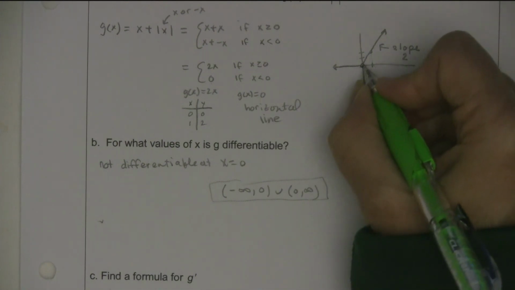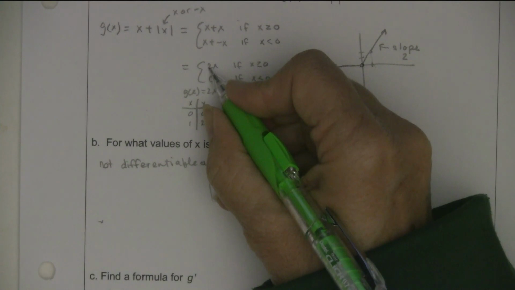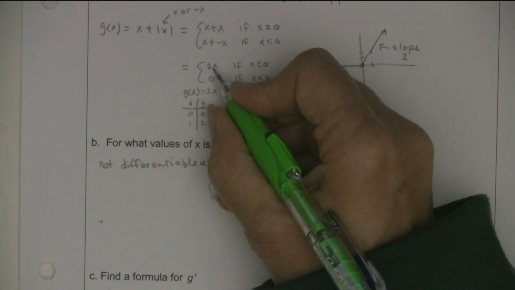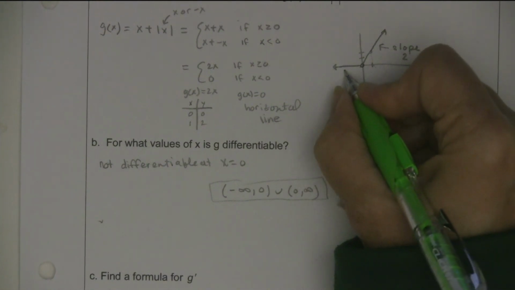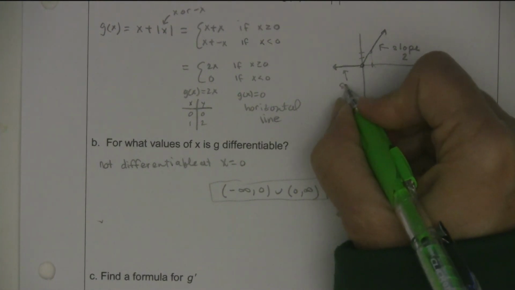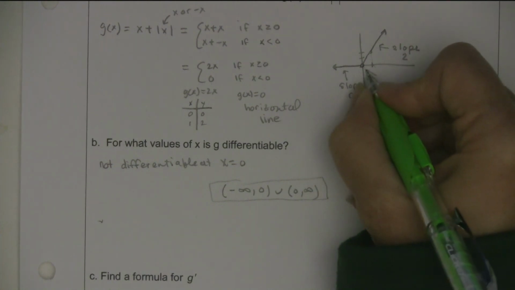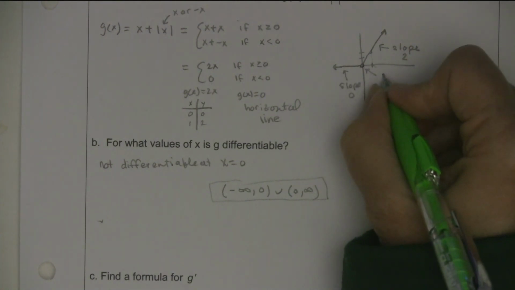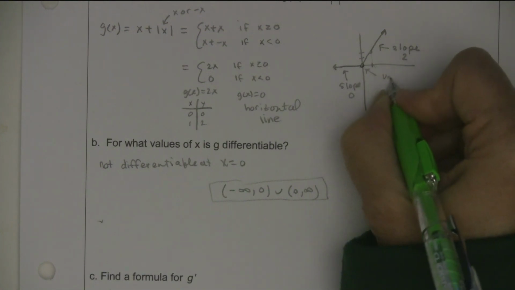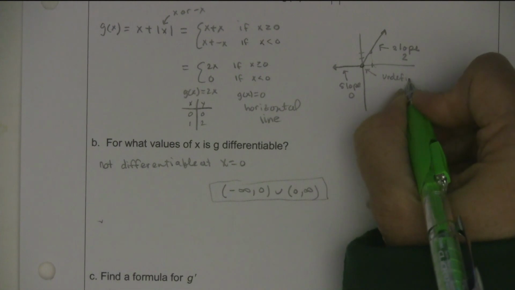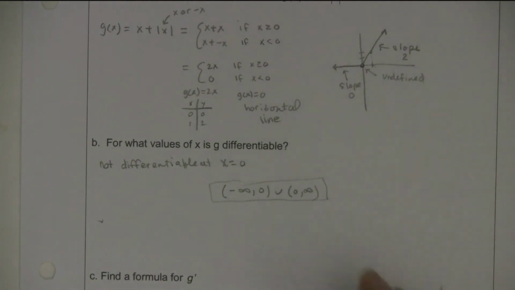It's a slanted line, and the coefficient of x is the slope, and it's 2. And what's the slope over here? The slope is 0. And what's the slope right at that corner? It's undefined, so we can't find it right at that corner. The derivative does not exist at that corner.